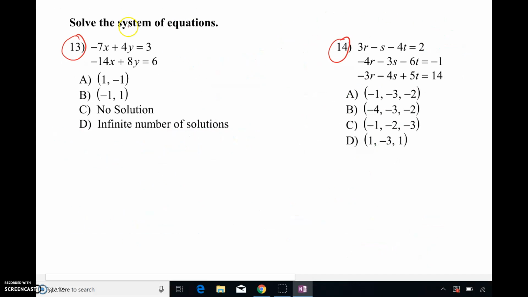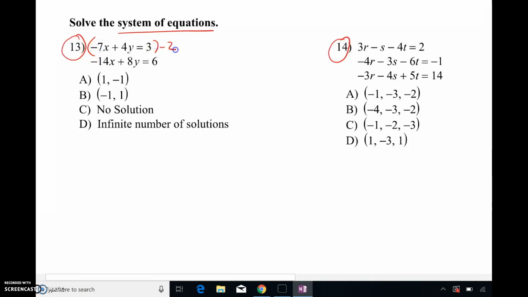All right, so 13 says to solve the system. It does not say how we have to do it. So we could graph this, we could do substitution, or we could do elimination. I typically always tend to do elimination, especially when they're both in standard form. So I'm going to look for how do I get opposite coefficients. And I see that I have a 4y and an 8y. What can I multiply the 4y by to get the opposite of 8?